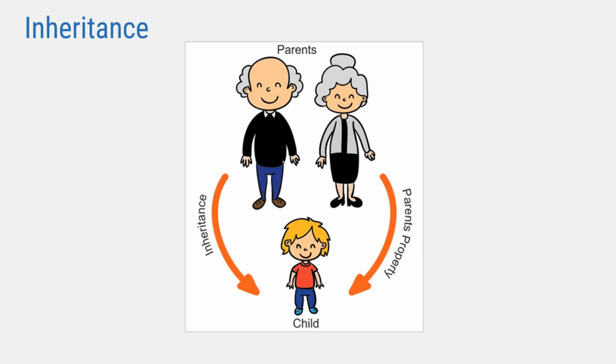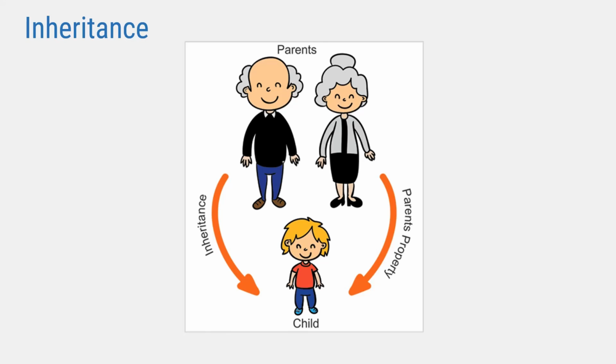Let's take an example here to understand the concept of inheritance more. In this picture, the child is actually inheriting some properties from the parents, like hair color or skin color or some behavioral properties.